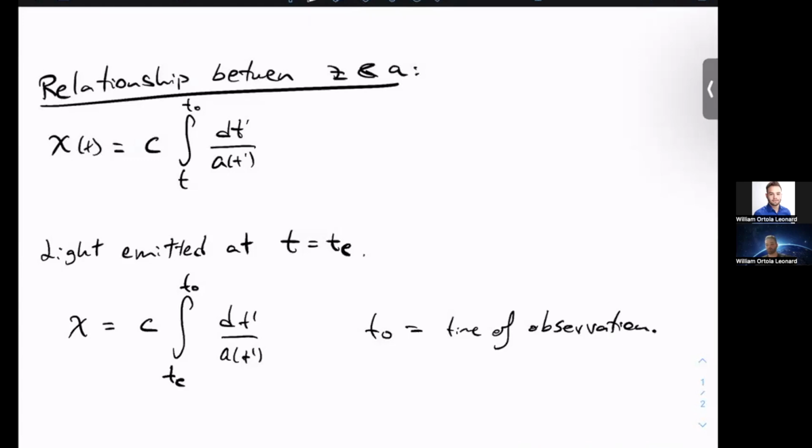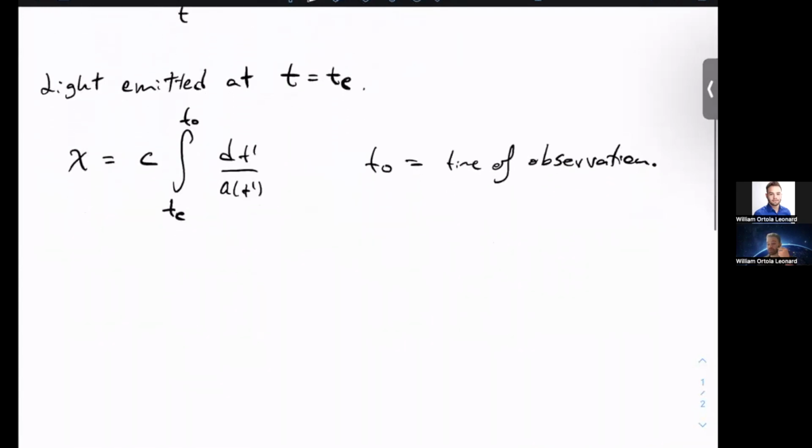And so now what I want you to consider is whichever object has emitted this wavelength of light. As soon as it emits the first wavelength of the photon of this light ray, it's then going to emit another light ray, right? And when is this going to happen? At what time is it going to emit this second light ray that we're going to be able to observe? It's going to be emitted right after it has finished emitting the first one.